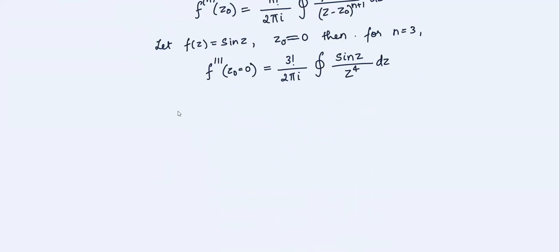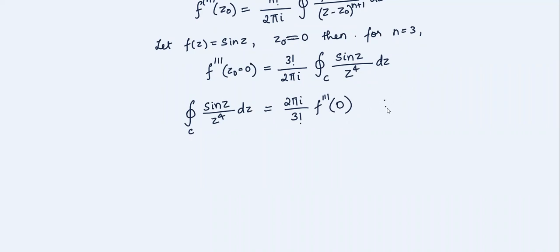Now this integral is the third derivative of sine. So the integral of sine z by z power 4 dz over the closed contour including the pole will be 2 pi I by 3 factorial times the third derivative. This is the answer.